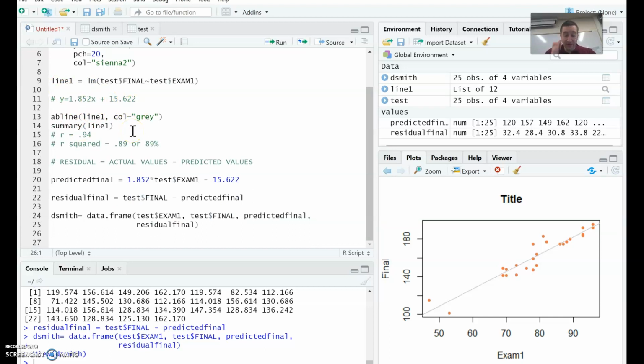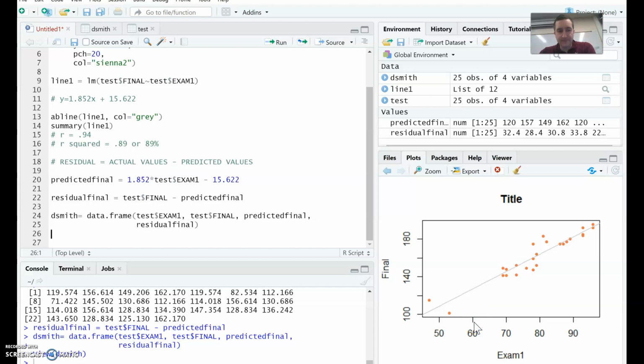Ooh, and if you stuck with the video this long, here's a freebie, because this is going to show up on the test. What if I asked you, what are you predicted to make on the final if you scored a 60? Because see this big gap in the data set? What if I asked you, if you scored a 60, what are you predicted to make on the final?